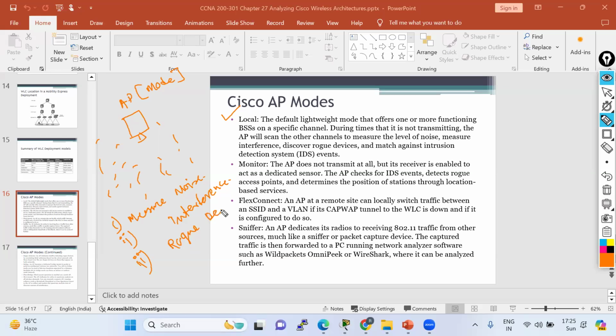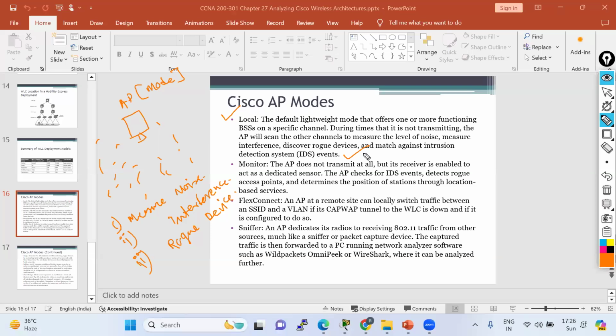Any bad device trying to connect to your network to hack it, or manipulate your data, something bad. That is also going to be detected by the local mode. In addition, IDS events, any kind of intrusion prevention or detection, are going to be detected, and based on that you can take action. An alert is going to be generated.